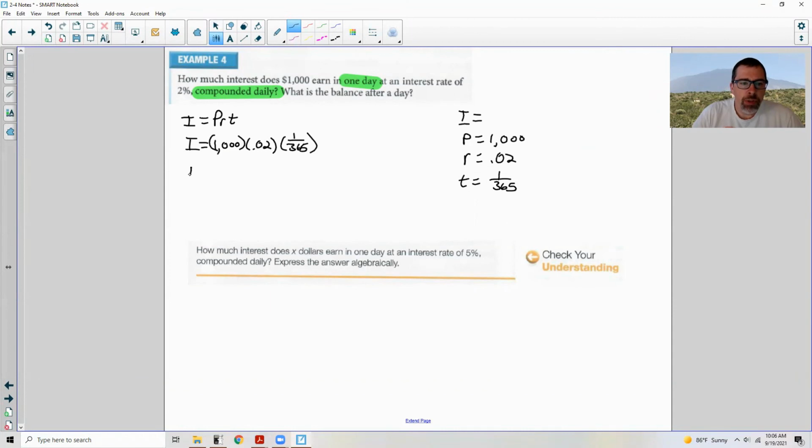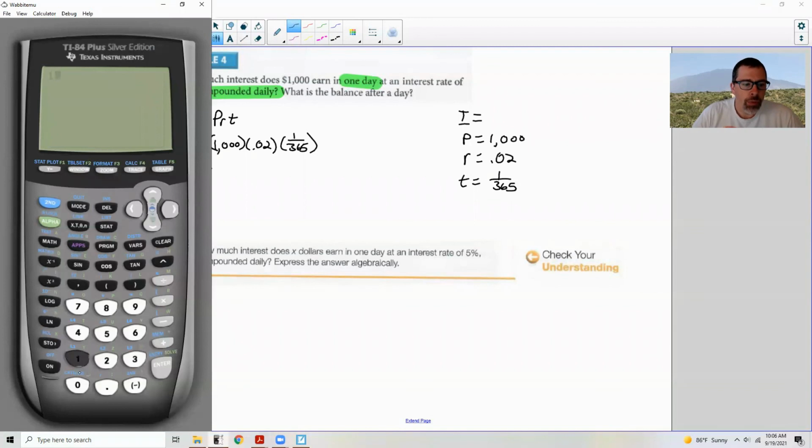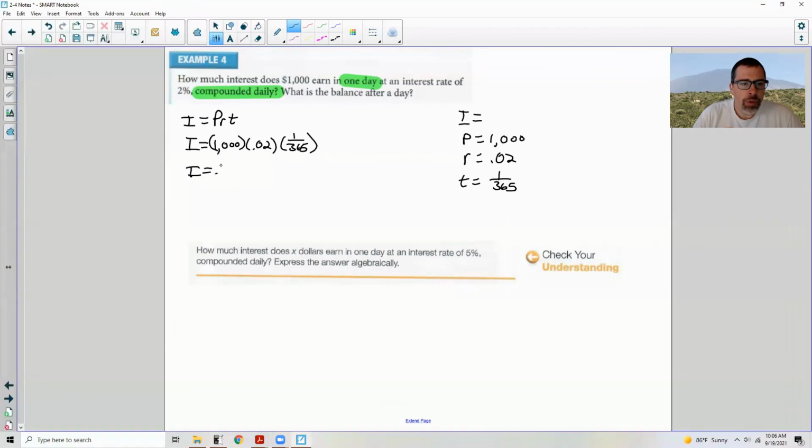That will give us how much interest $1,000 would earn in a day. We take 1,000 times 0.02 times 1 divided by 365, hit enter, and we get 0.0548. Since the third digit is less than 5, we round it off to 5 cents.